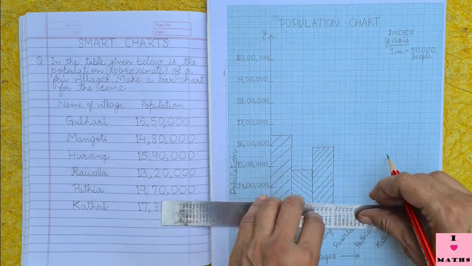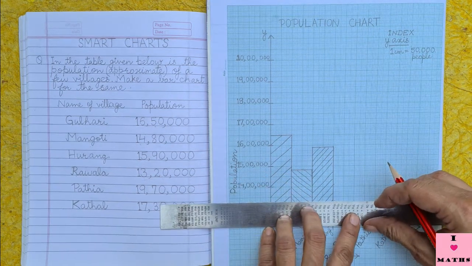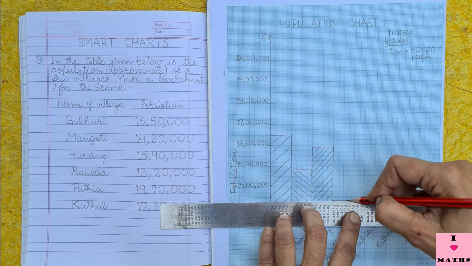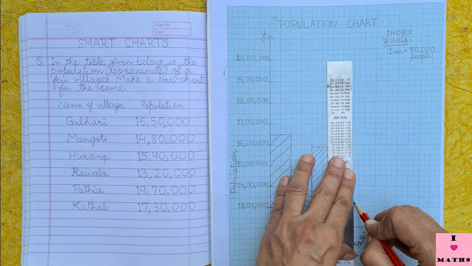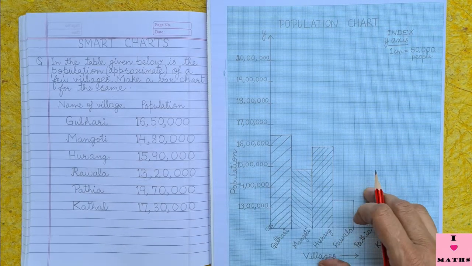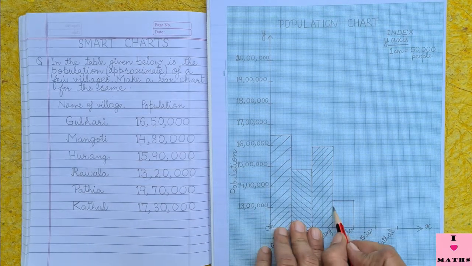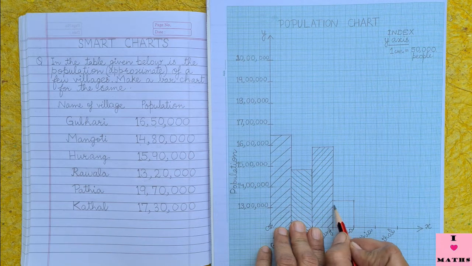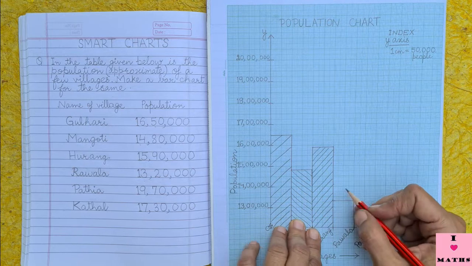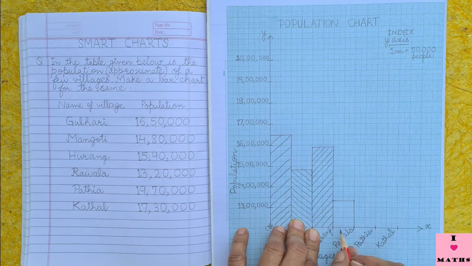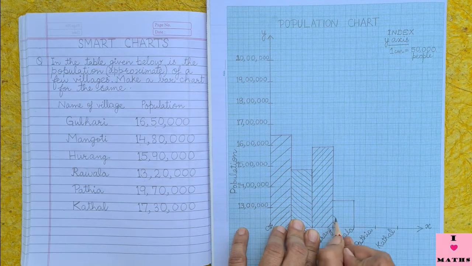So I will join these two dots. This is 13 lakh 20,000. I will show it to you again. This is 13 lakh. This is 13 lakh 10,000 and this is 13 lakh 20,000. Now again I will shade it in the other direction.